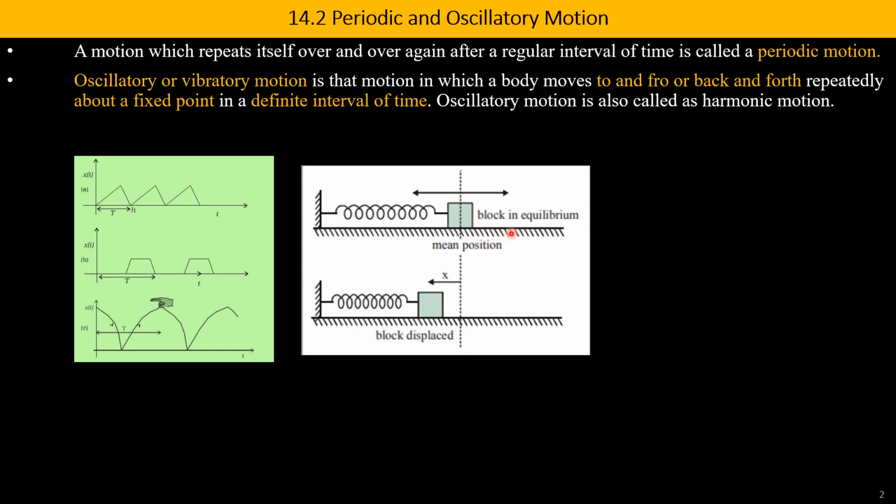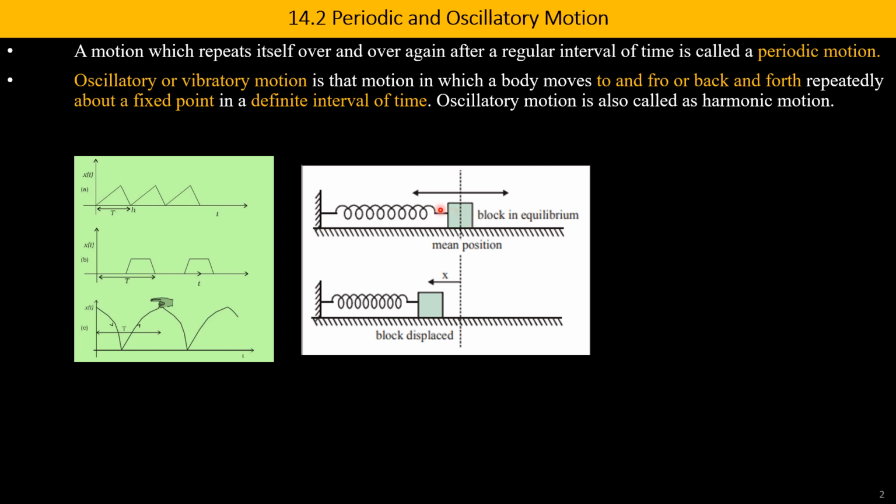Please see figure 2, which has a white background, wherein the spring is fixed to a rigid wall. At the other end of the spring, a block is attached. The initial position of the block without applying any force is called the equilibrium position or mean position.